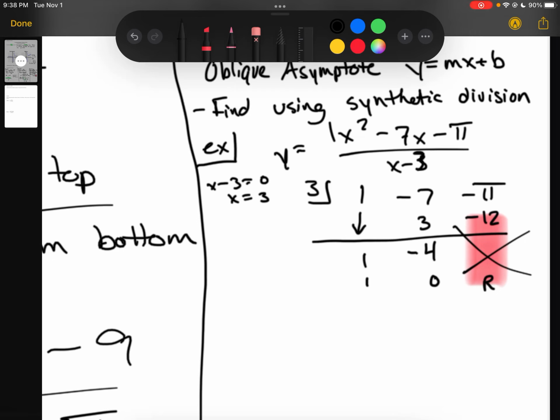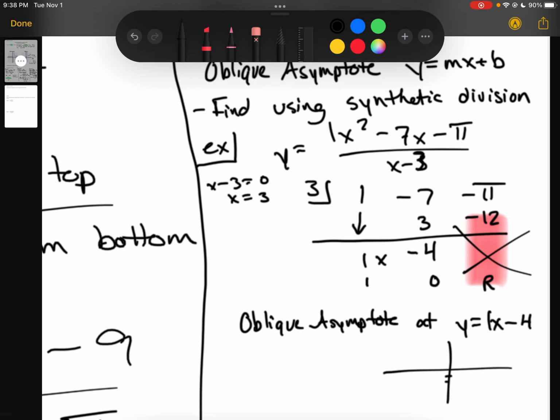If we have pi and some random variables introduced, things like that, does not matter. We are just looking at from 0 degrees forward. So minus 4 and x are introduced here, and we end up with an oblique asymptote y equals 1x minus 4.